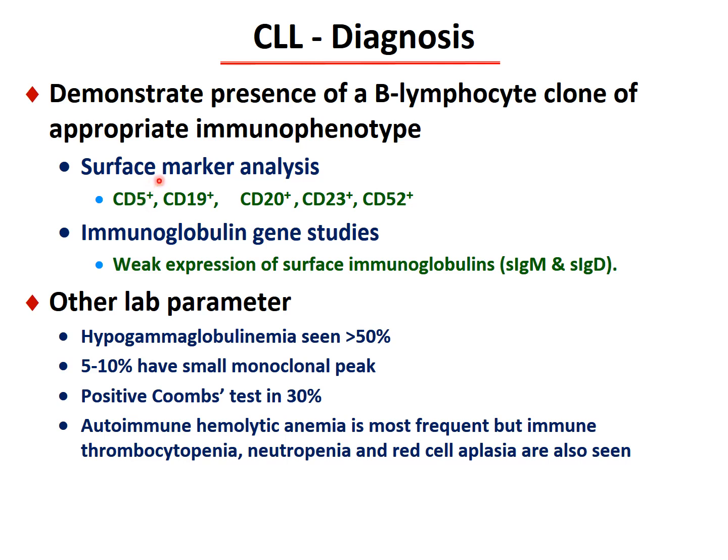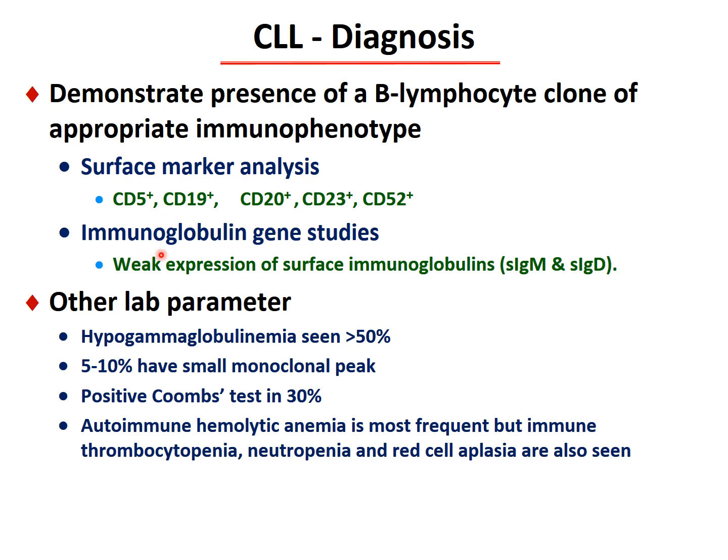However, this clone is going to carry the CD5 together with the matured B cell markers, such as CD19, CD20, 23, and 52. Very importantly, we are going to measure the co-expression of the CD markers. CD5 is always involved in this story.